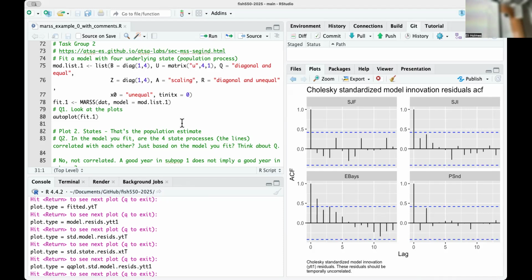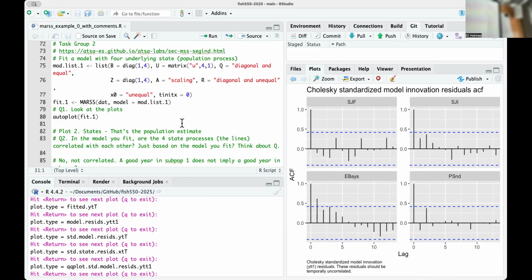You don't have to worry about this. MARSS will do the right thing. And then we will have our variance, and so now that Q is going to be this 4x4 thing.